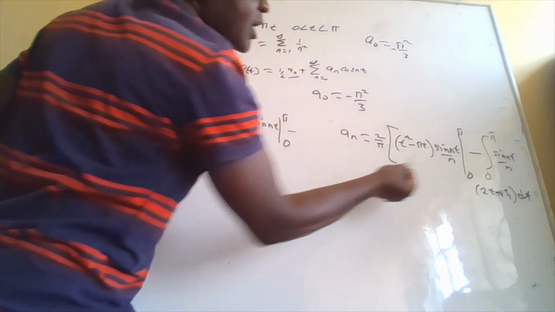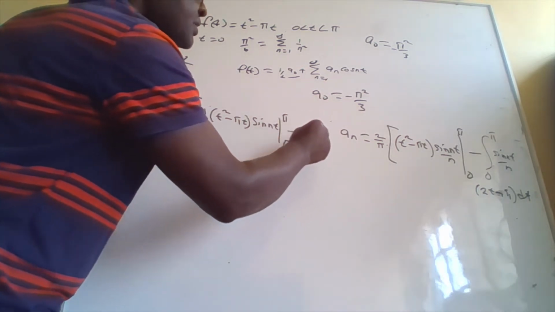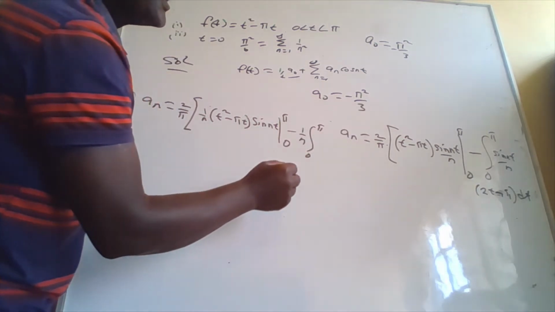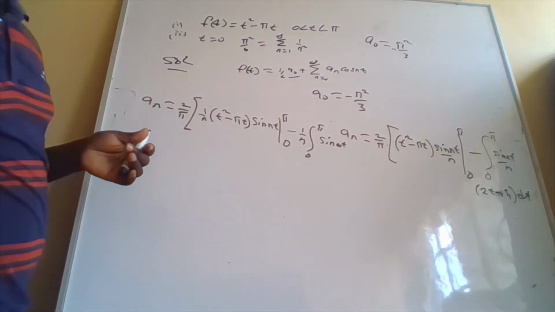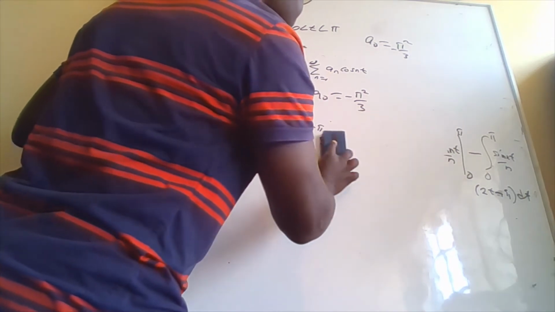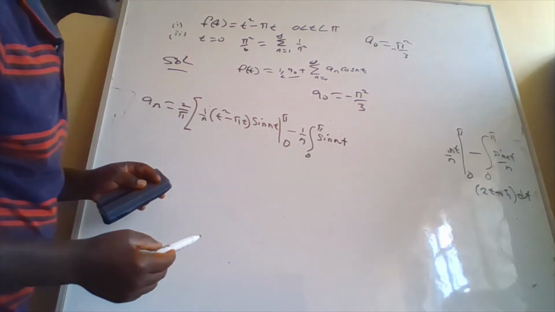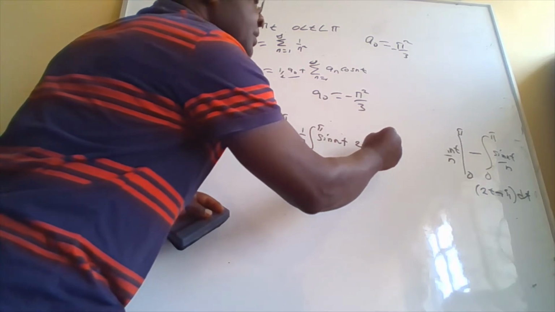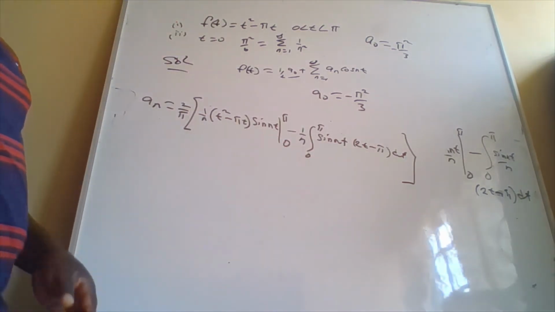Now here you take out 1 all over n, the integral from 0 to pi. So I remain inside with the sine nt, grab here, sine nt, then 2t minus pi dt, like that.